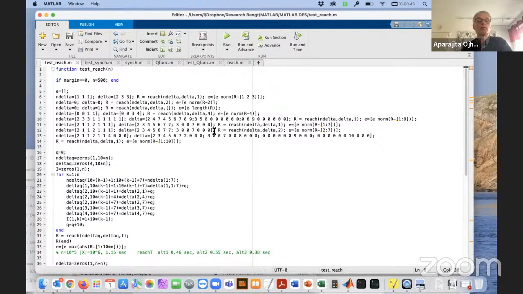I think I have some more detail. I will actually give you the code where I generate the delta and the transition relations. So based on that, you will also be able to understand a bit more how that data structure is built.